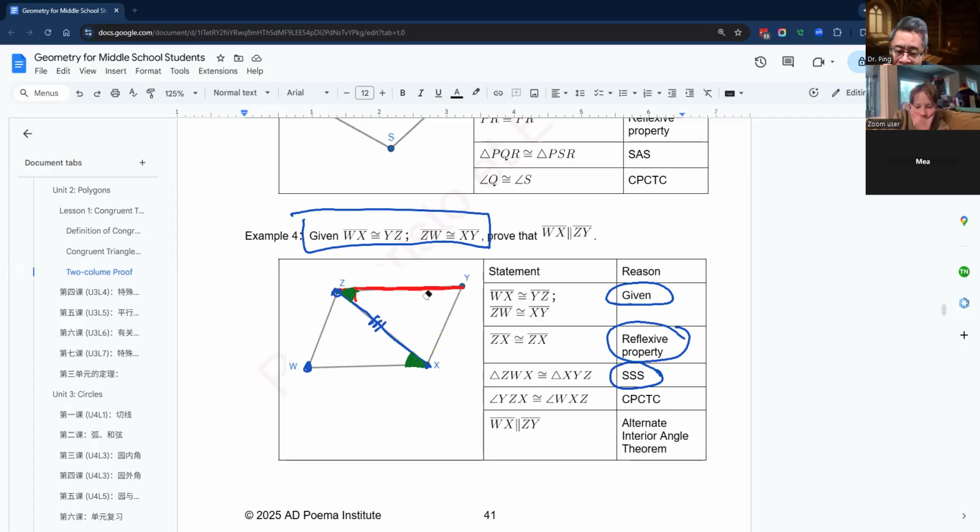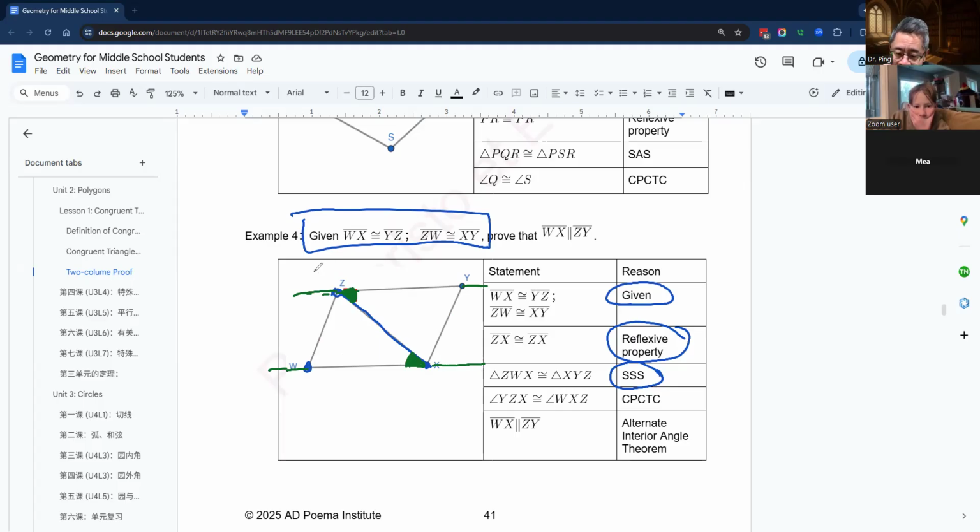Now what do we know? Well, we see that there are two lines here, ZY and WX, and the two angles are inside the two lines, so that's called interior angle.